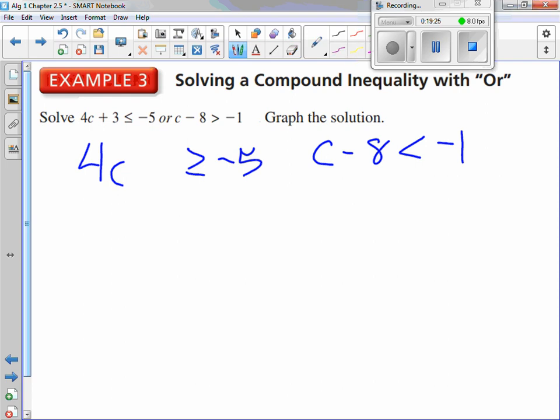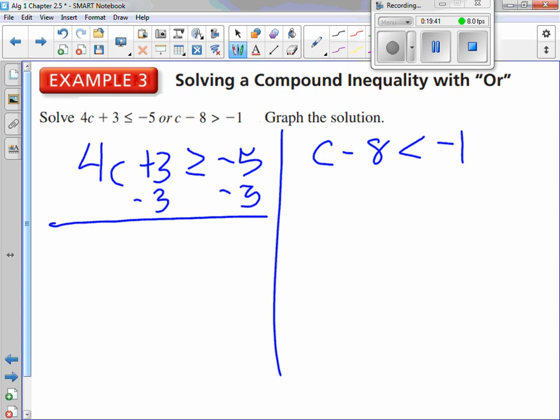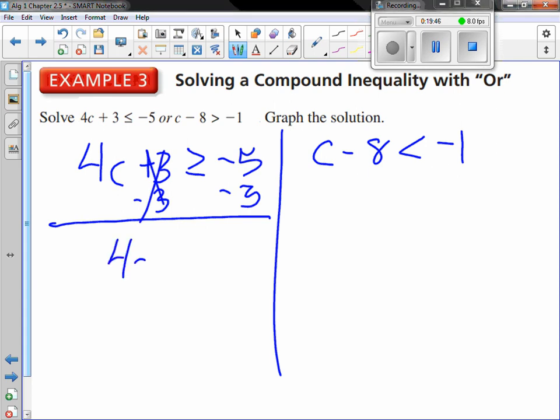I'm going to change this up just a little bit. I know the inequality signs are flipped, and I did that for a reason. Okay? So if we were to solve this, the first thing we would do is subtract 3, yes? Because 3 and 3 would cancel, giving me 4c is greater than or equal to negative 8.